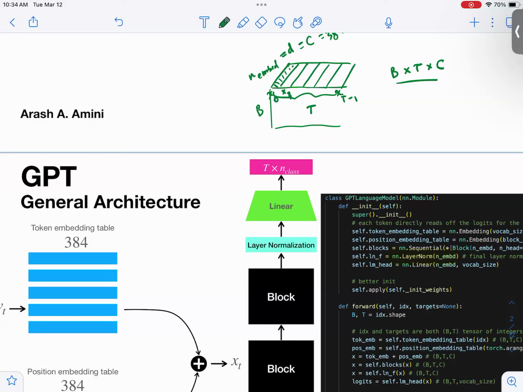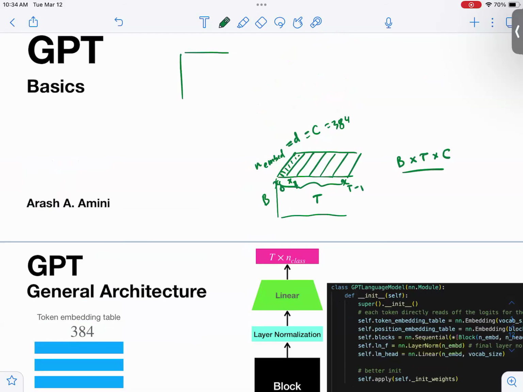We're going to ignore it because it happens in parallel for every batch. So I'm going to look at one of these matrices. You have your x0, x1 up to x_{T-1}, and each one is a 384 vector. And these are representing the tokens.